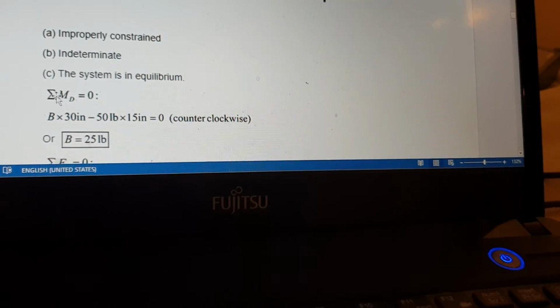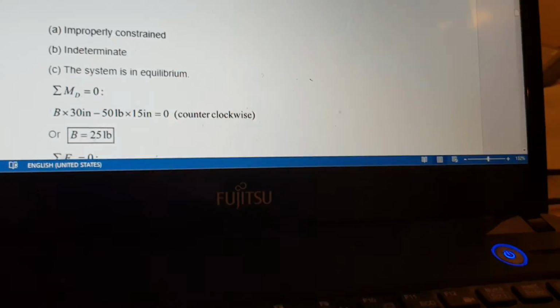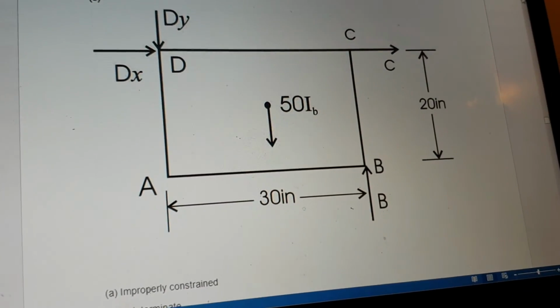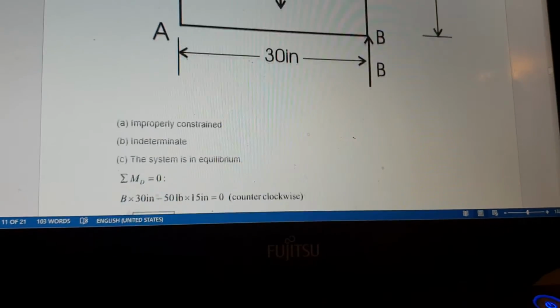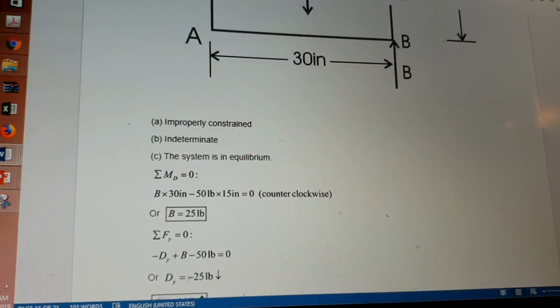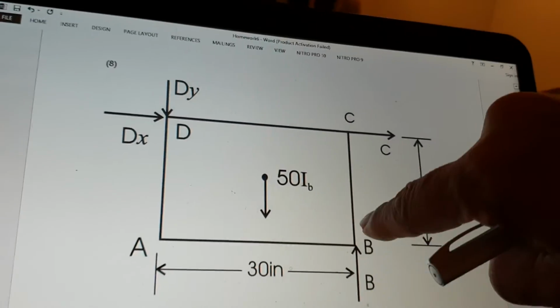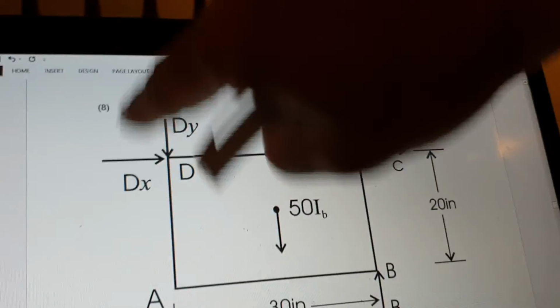The system is in equilibrium. Summation of moment at D is equal to 0. You could find B, of course. If you take moment at D, at here, you could find B. This will be cancelling out. And then you find By, the B reaction. It's 25 pounds. Since we find summation of forces at the y, we know this is 25 and this is 50, so this is going to be 25 up.